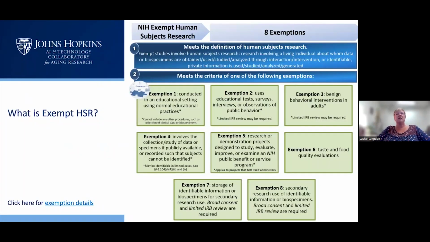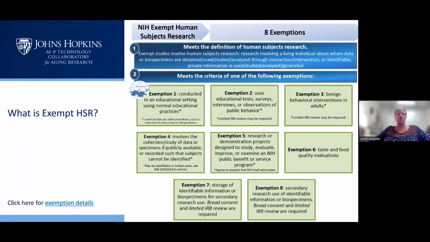What is exempt human subjects research? So say you're still doing human subjects research, but you think you might not need all the approvals. You might be exempt. This chart goes over the exemptions; there are 8 of them. And again, the details, if you'd like to follow up on these, are in this link, and again, will be provided at the end.